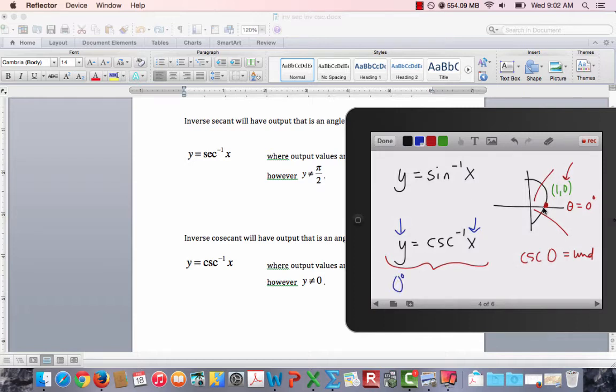And so we can't evaluate the inverse cosecant of something that is undefined, so we eliminate y equals 0 as an output. Y is equaling to an angle of 0 degrees or an angle of 0 radians. That's not a possible output value for the inverse cosecant function.